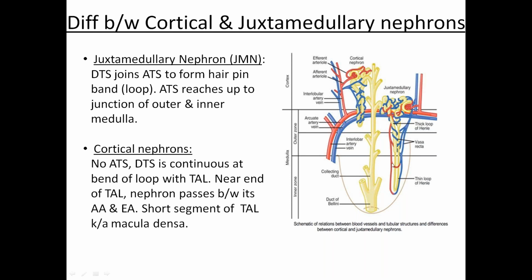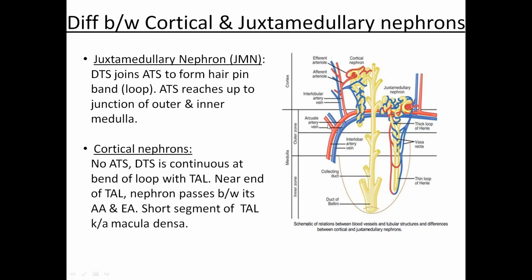This is the loop. You have the descending limb, and in between, the ascending limb, this hairpin bend loop. And then the ascending thin limb reaches up to the junction of outer and inner medulla.